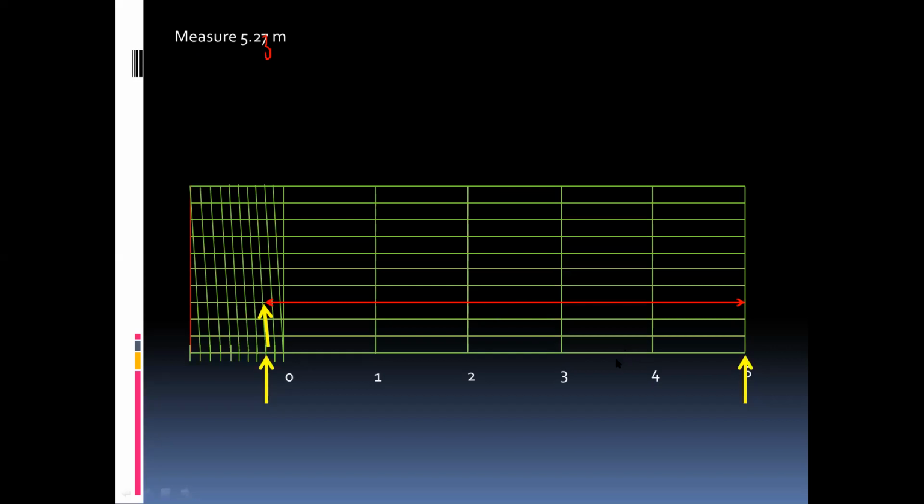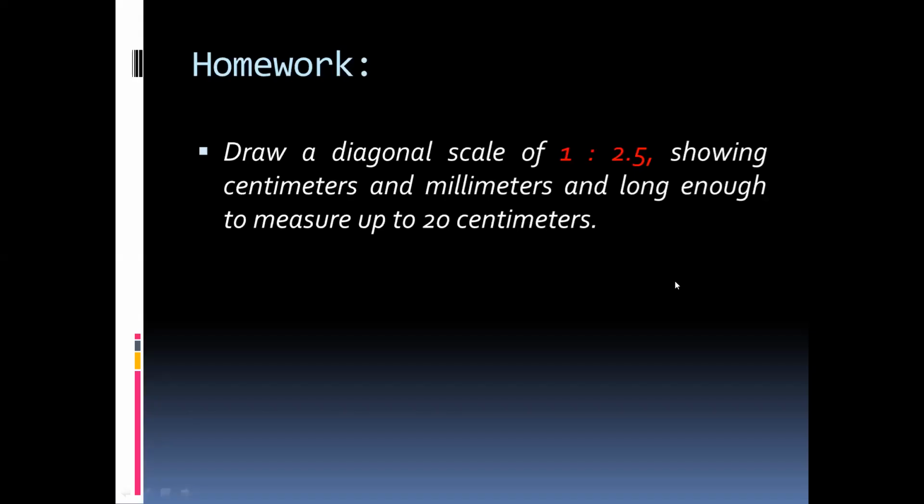So this is how you can use the plane scale to find out or to measure very smaller units or very smaller scales. You can take this problem as a homework.